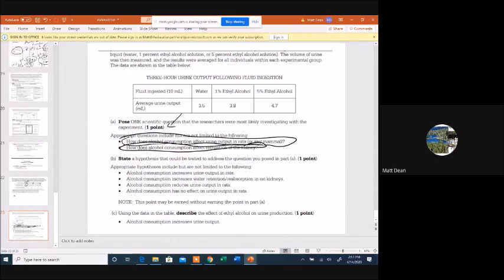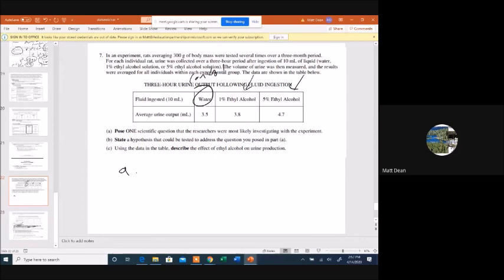Part B, state a hypothesis that could be tested to address the question you posed in part A. For part B, I don't think they care how you write the hypothesis. Some teachers want you to write if and then describe what you do to the independent variable.